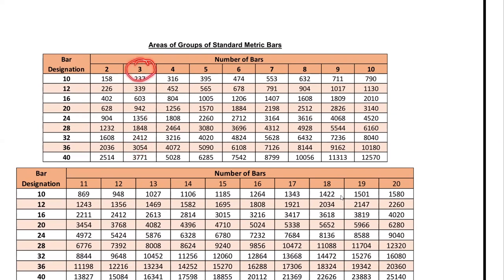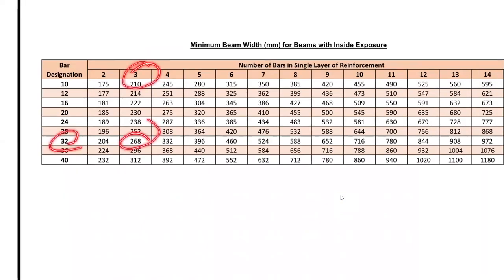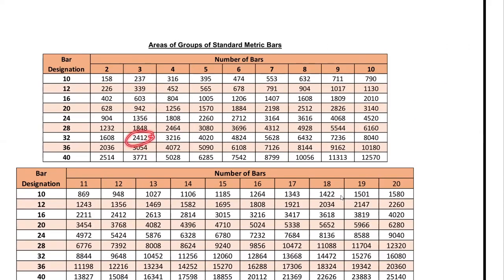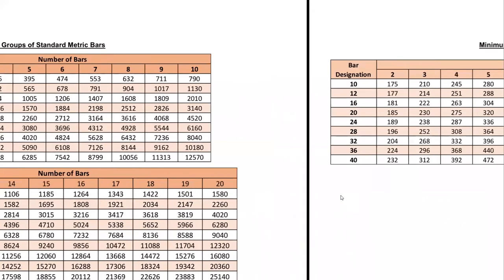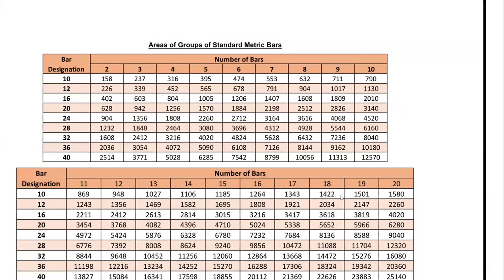Kaya dito ako sa 3 pieces tumitingin. So pag 3 pieces na 32, pasado naman siya, no? 3 pieces na 32, walang problema. That is 2412. So medyo may pasobra na tayo dito, kasi 2044 lang kailangan natin, ano? So, try natin 3-32. So, yung As nito is 2412.